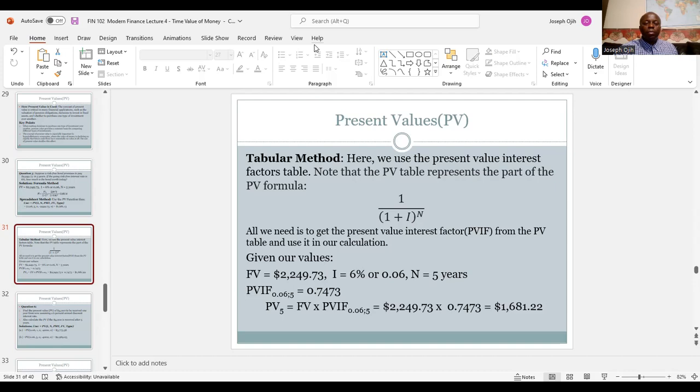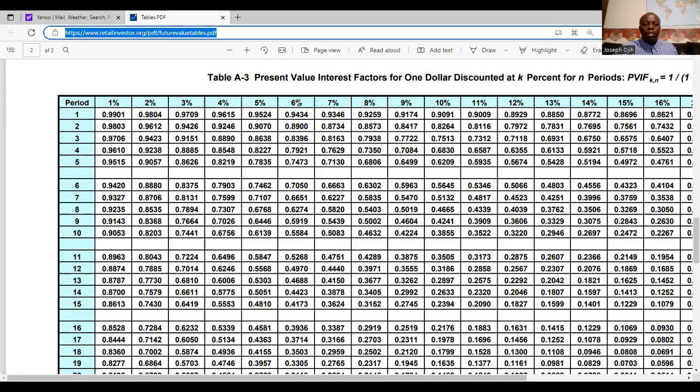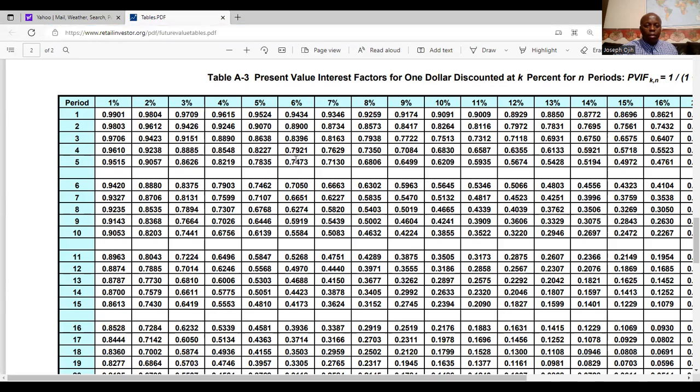I have it here already, but I'm going to show you how to get it from the table. So we go to the table and see it from here. This is 6% for 5 years. So for 5 years, you go under 6% here, 0.7473.